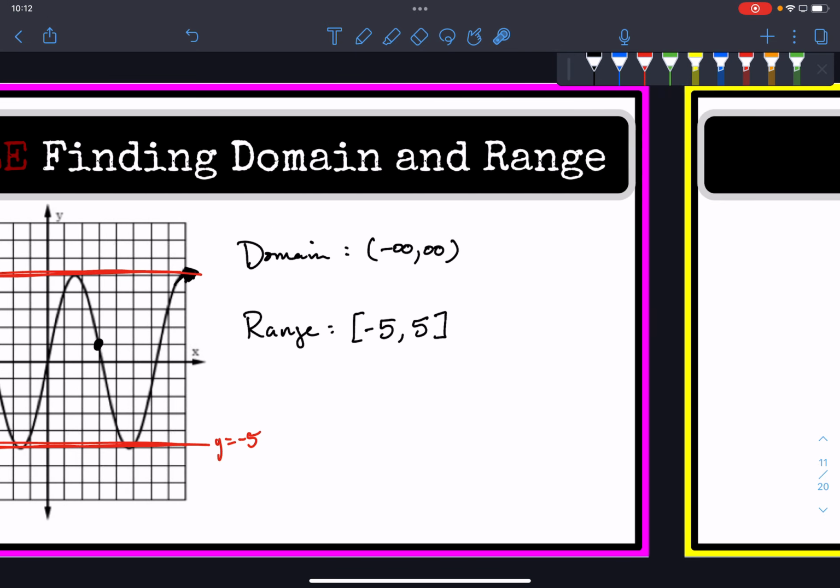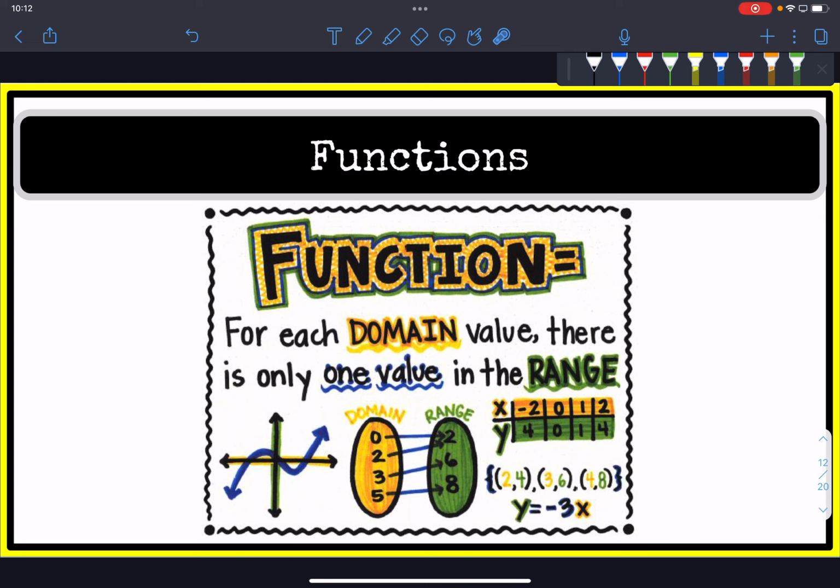Now, let's discuss a function. Some relations can be identified as functions because of this characteristic that they have: for every domain element, meaning every x coordinate, there is only one value in the range. So in terms of a mapping, or ordered pair, that means that the values that I plug in can only give me one answer out of it.